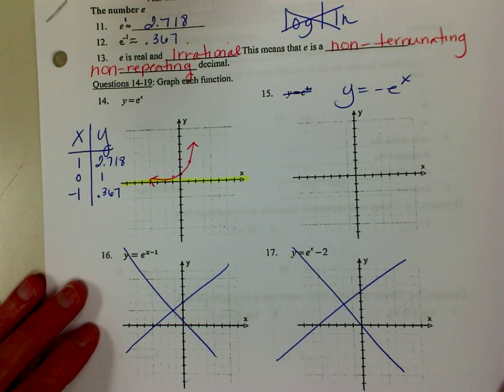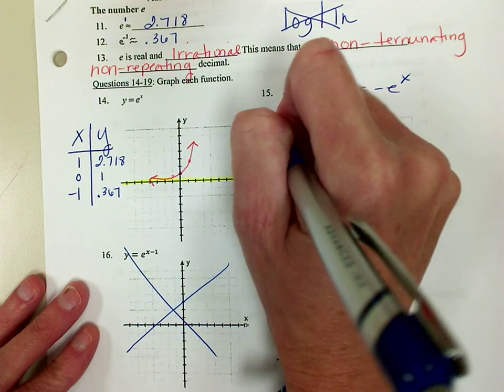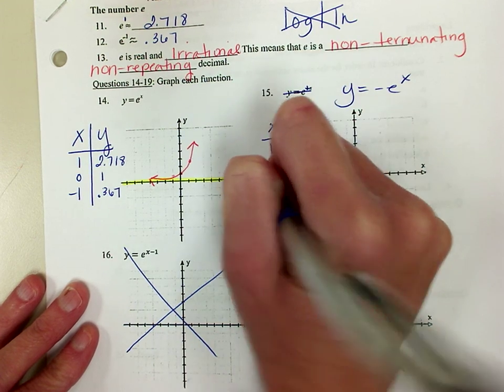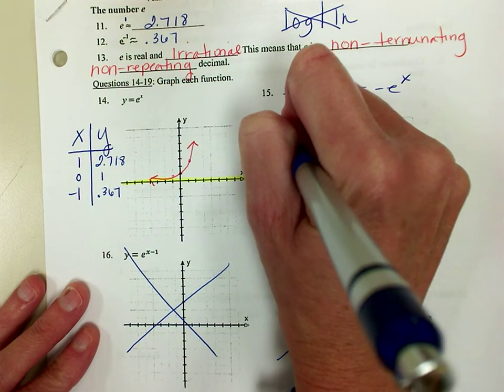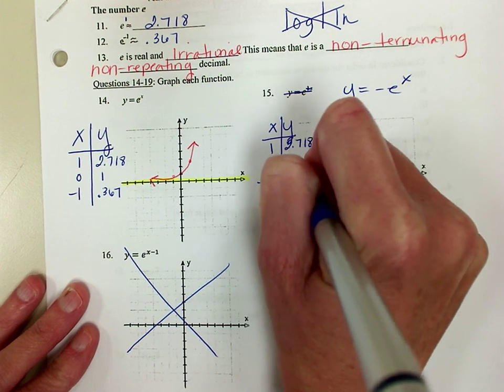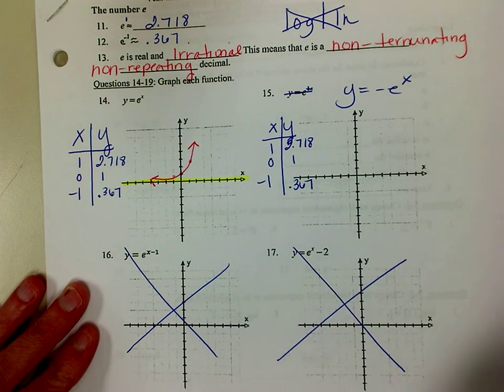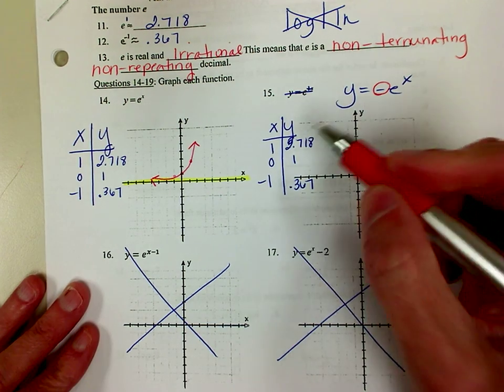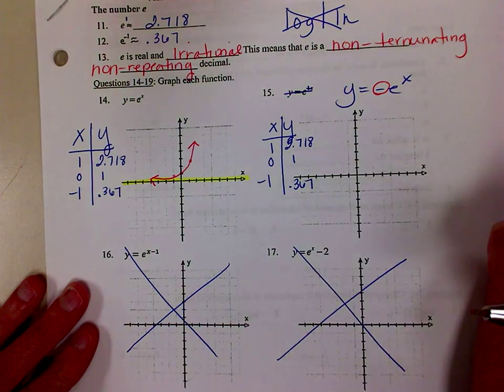Okay, 15. I can't move my x or my y-axis. I don't have to go up, down, left, or right. Now I am going to use the exact same table as 14, but the reason I'm writing it down again is because I have a negative. This time the negative is not with the x. So the x's don't change, but the y's do.